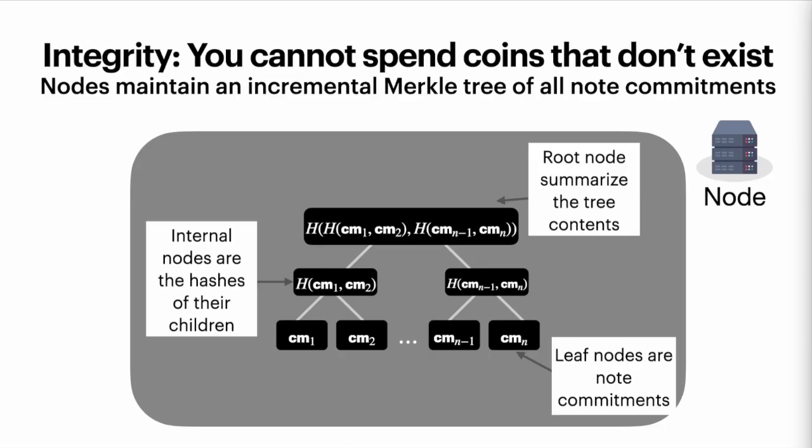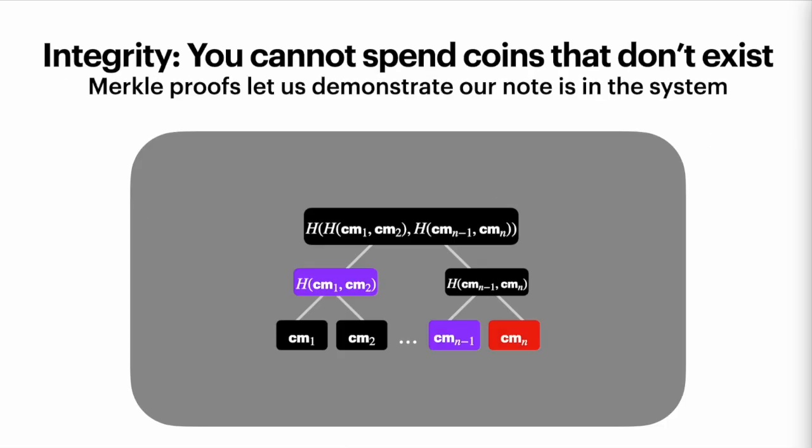So what are we going to do with these commitments? We're going to store them in the leaves and do Merkle proofs to demonstrate our note is in the system. That gives us an easy way to prove set membership via a path that's provided. Here, let's say the red leaf is the note that we want to spend.